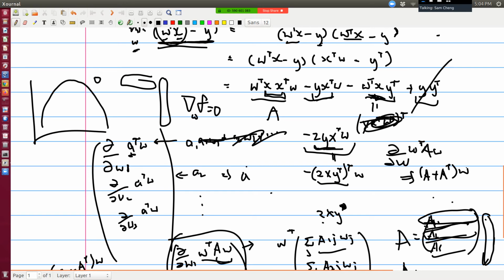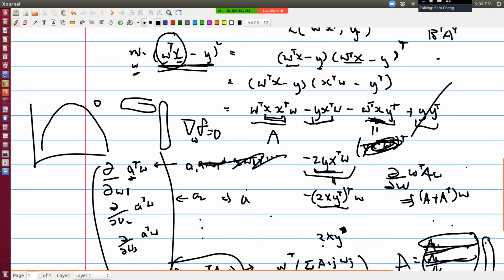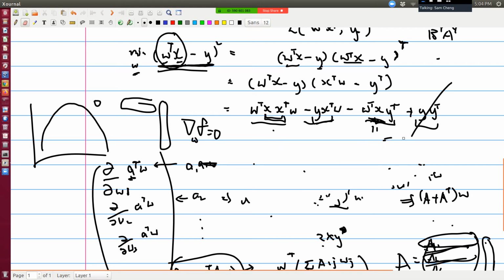This is a bit messy, so I'll erase some of this. As I said, when we try to minimize with respect to W, we take the gradient of this expression.